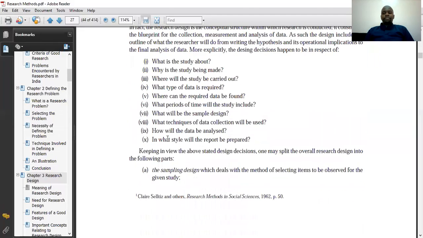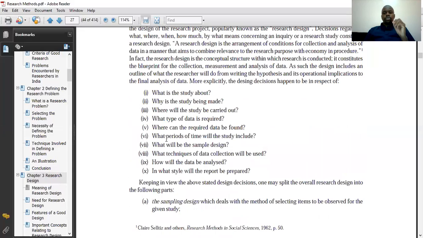Now, what are the main elements of a research design? What does a research design contain? Number one, what is the study about? Like what is the subject? What are you dealing with? What is your research about? What is the subject of research? What is the purpose of the research? What are the objectives of the research? There is always a research title and research objectives.